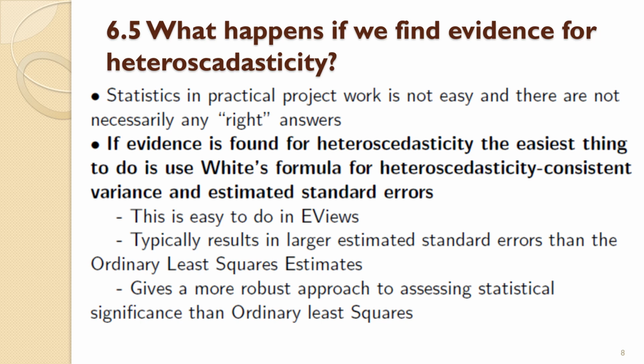The idea then is that this would give a more robust, more conservative approach to assessing and estimating statistical significance than the usual regression approach. Okay, but it's possible that you might find evidence of heteroscedasticity and there isn't an automatic solution to it.